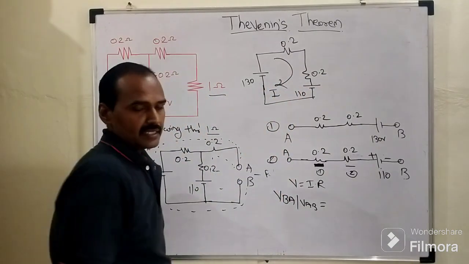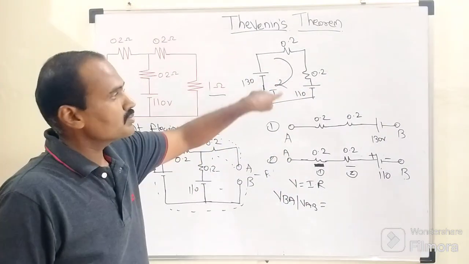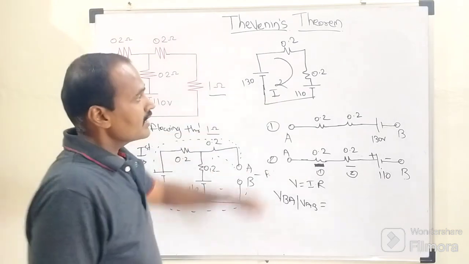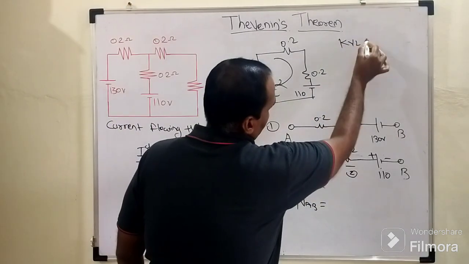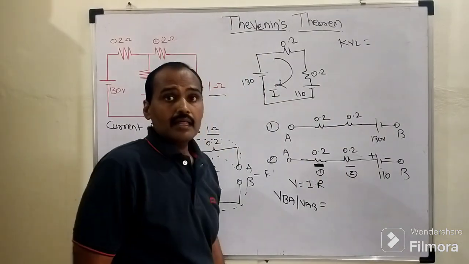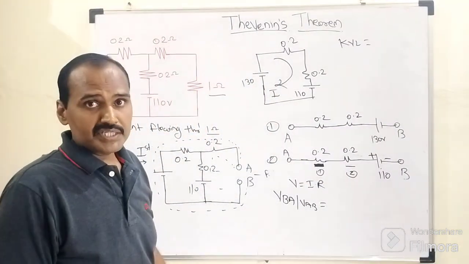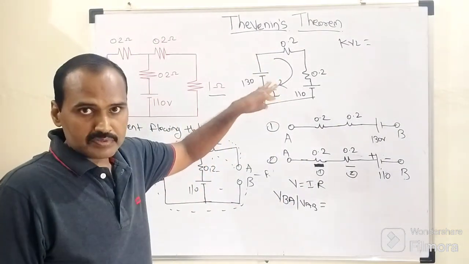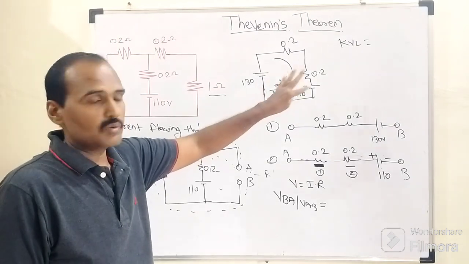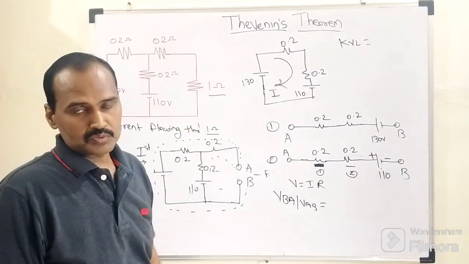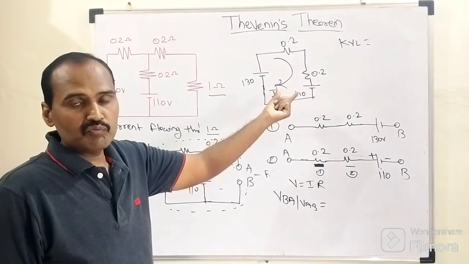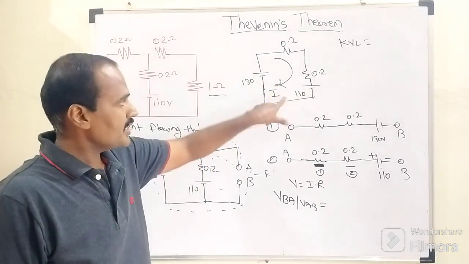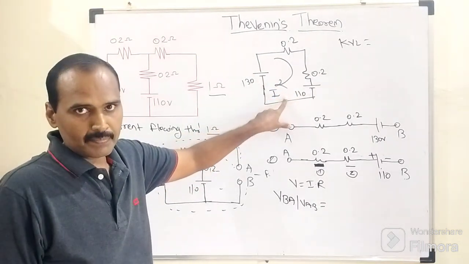Simply we need to determine the total current flowing through that circuitry by using Kirchhoff voltage law, KVL, which says that the algebraic sum of all ohmic drops which are present within that loop is equated to 0. So when we apply this Kirchhoff voltage law, at that time we need to assume the direction of current.